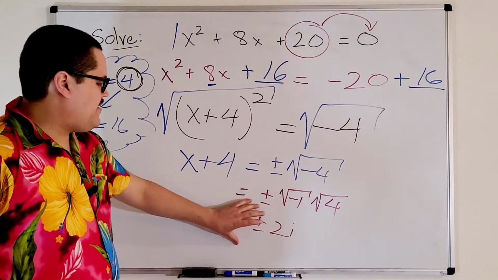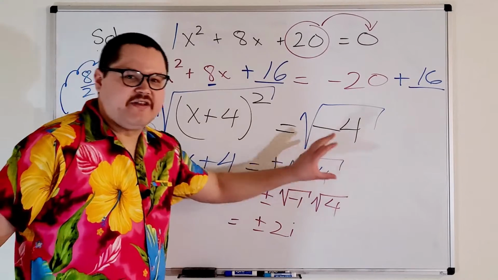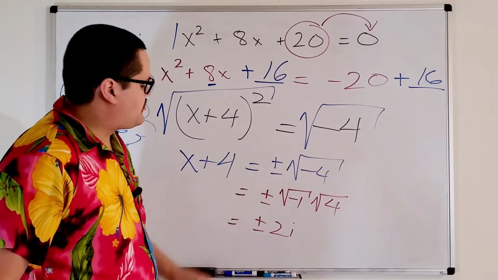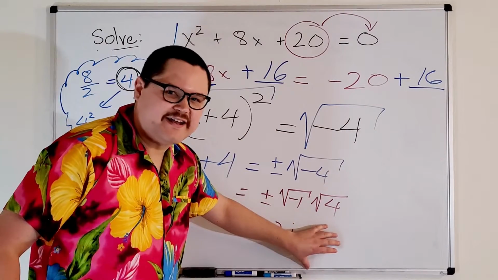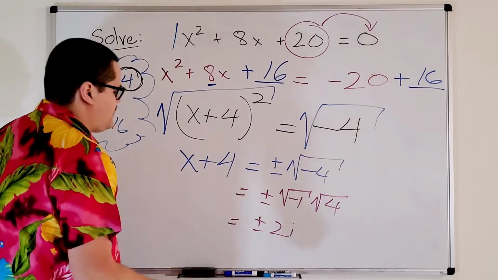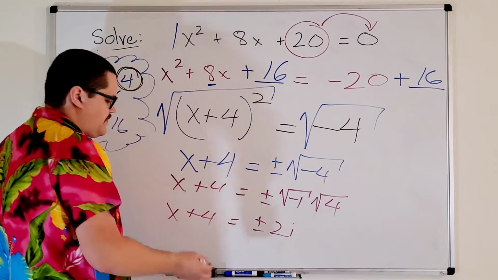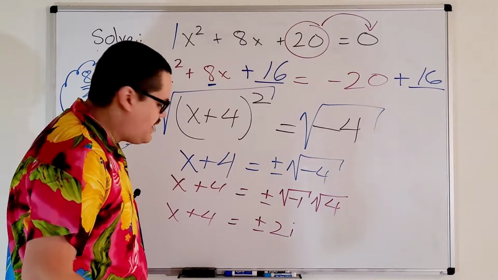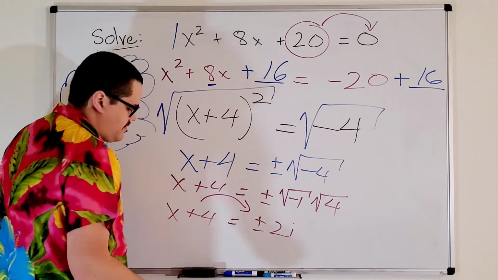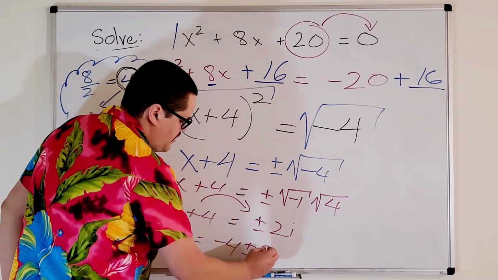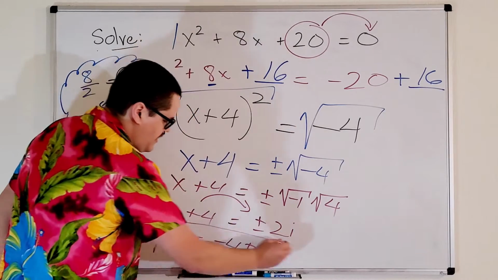Another way to think about it is anytime you have the square root of a negative number, just take the square root of the positive number, square root of 4 is 2, and just stick an i at the end. Okay. So we have x plus 4 is plus or minus 2i. You just move that plus 4 to the other side, flip the sign. x is negative 4 plus or minus 2i.